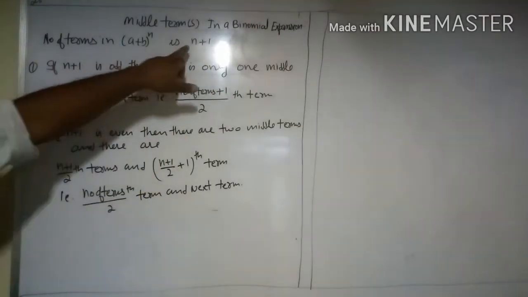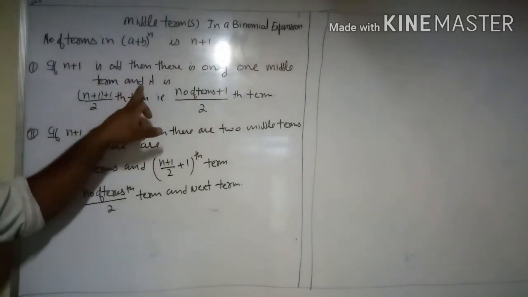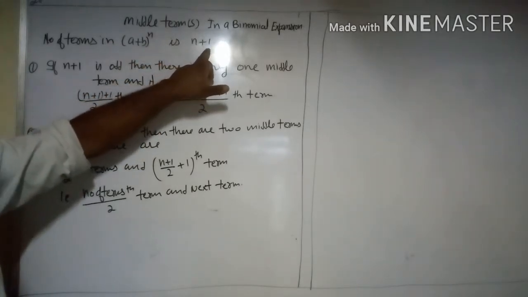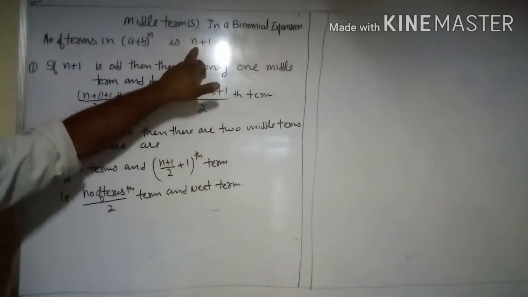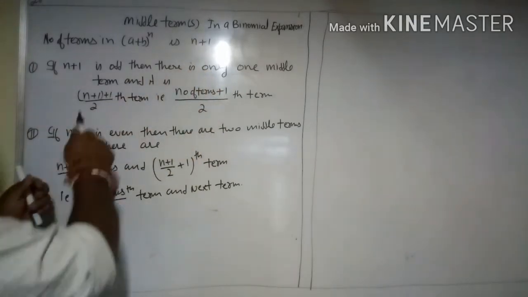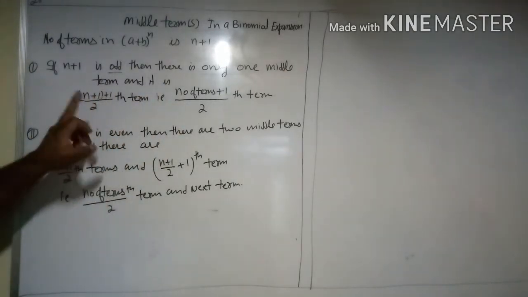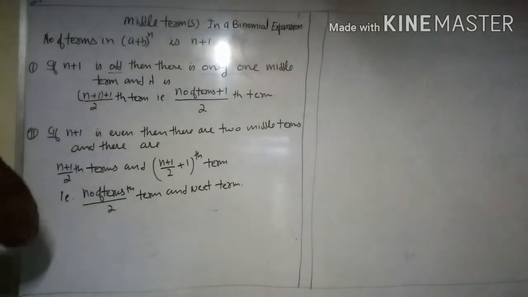So if this n + 1 is odd, then there is only one middle term. Remember, this is an important thing: when n + 1 is an odd number, there is only one middle term. And what is that middle term? That middle term is the (n + 1)/2 term.